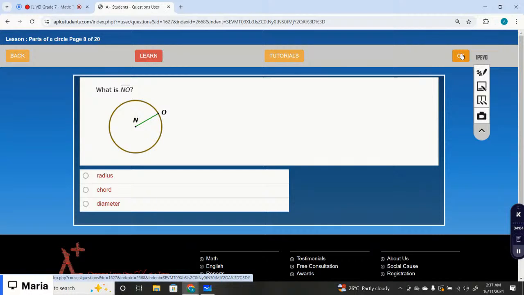NO is the radius. The correct option is radius.